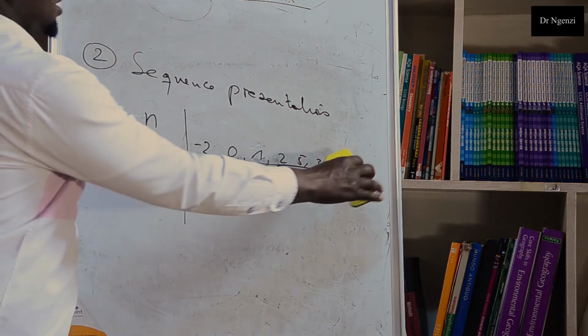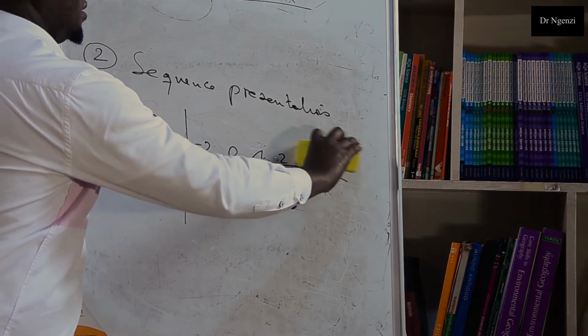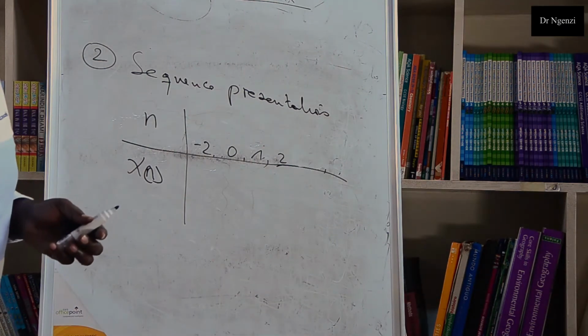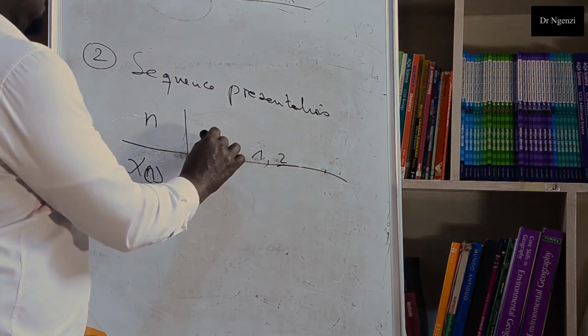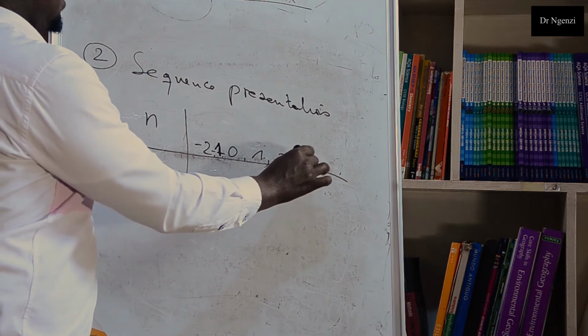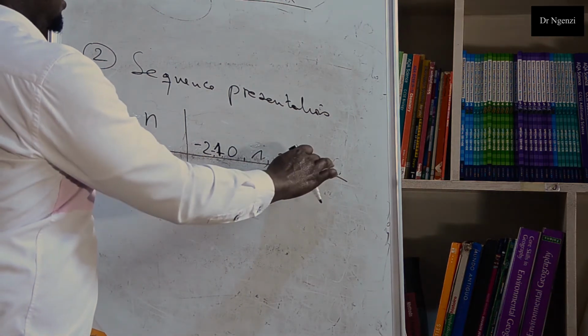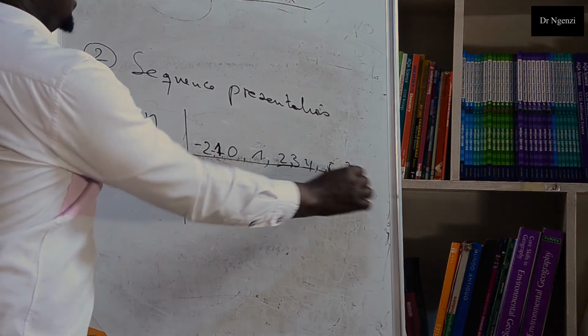So, just to show a sequence: 1, 3 like that. It should be presented as a sequence of numbers 1, 2, 0, 1, 3, 4, 5, 7, for example.